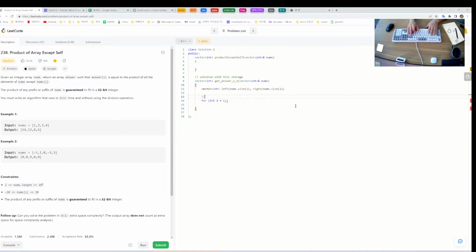So, prepare left. Left 0 is nums 0, right?